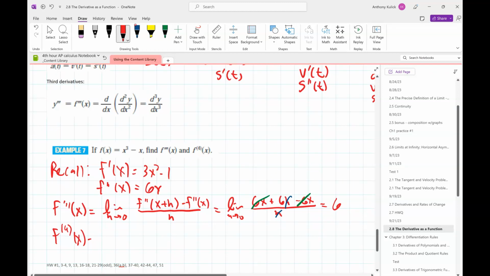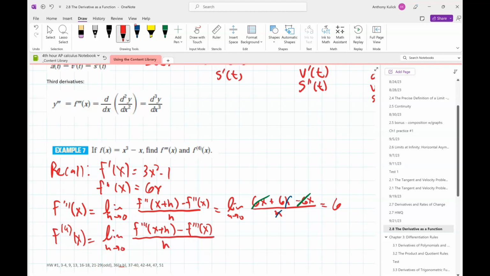If I do the fourth derivative then, f triple prime of x plus h minus f triple prime of x.